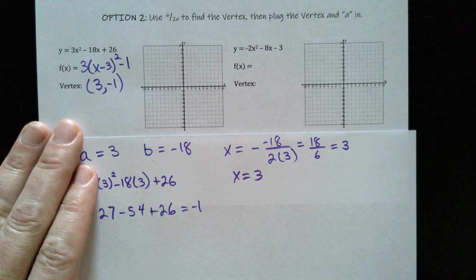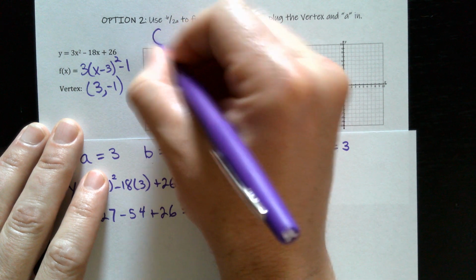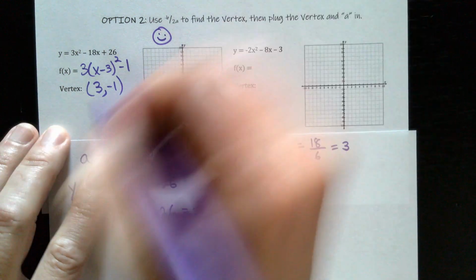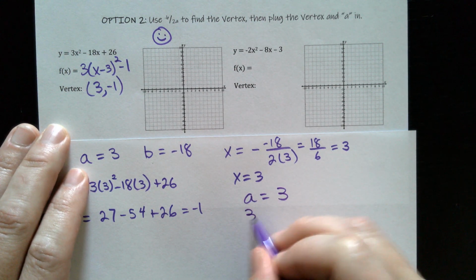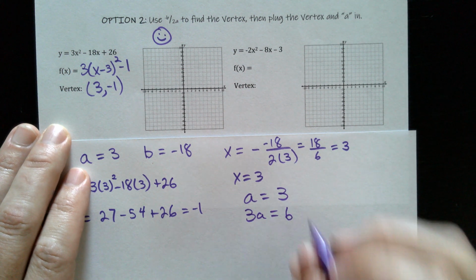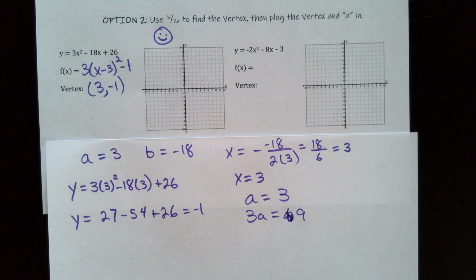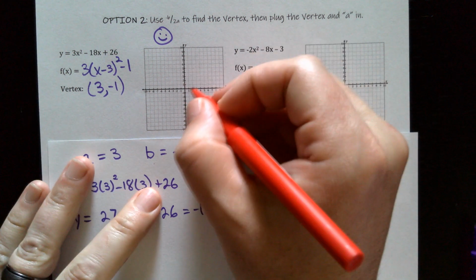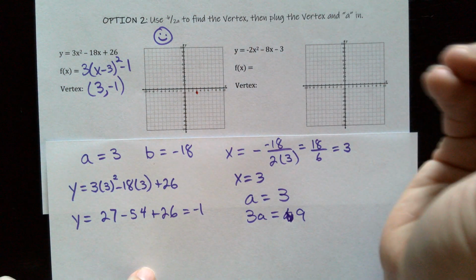Okay, now does this graph open up or down? It's a positive out here, so smiley face. Okay, and our a is equal to 3, so our 3a is equal to 9. Okay, so let's graph this. We go to 3, negative 1, 3 on the x, negative 1 on the y, okay?